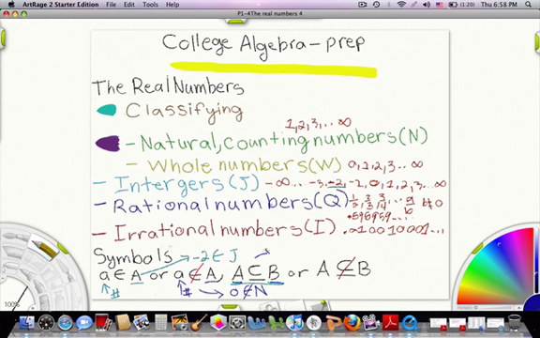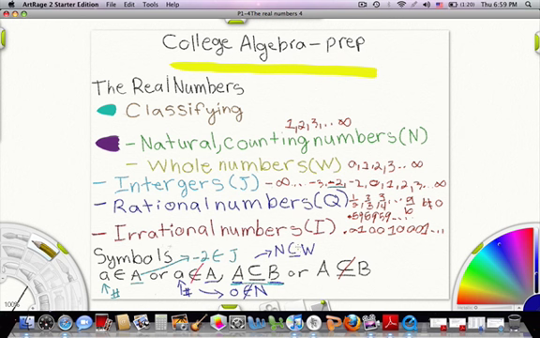My arrows are off today. So let's look at an example where this member set A is also in this member set B. We can do that by saying that the natural numbers, and this is just one example, you could do this with almost any one of these, are in the member set of whole numbers.